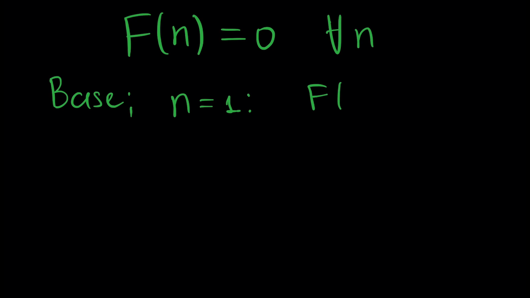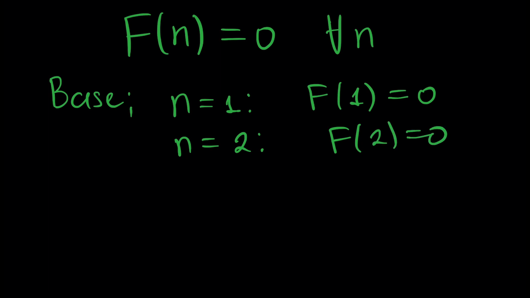We check that f of 1 is 0. We can also check that f of 2 is 0, and that's all. This is the base of induction. So we checked the correctness of our equality for some initial values of n, when n is 1 and 2.